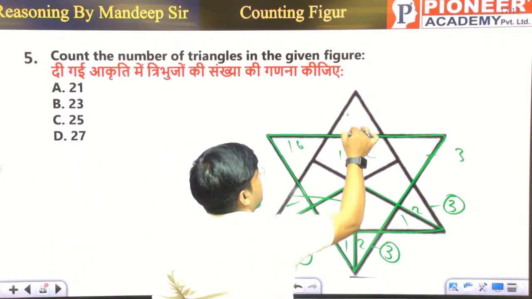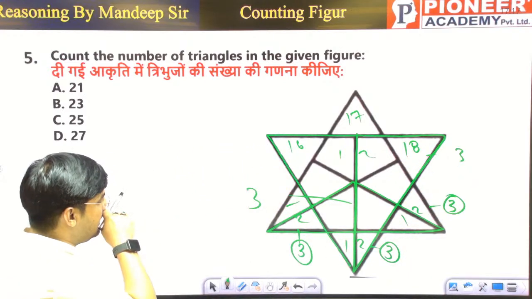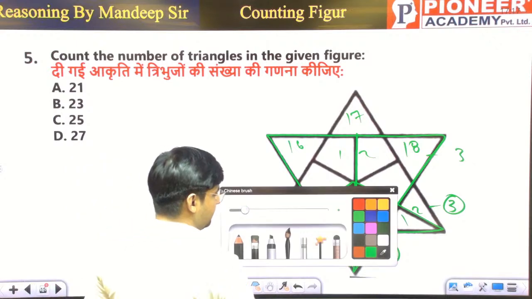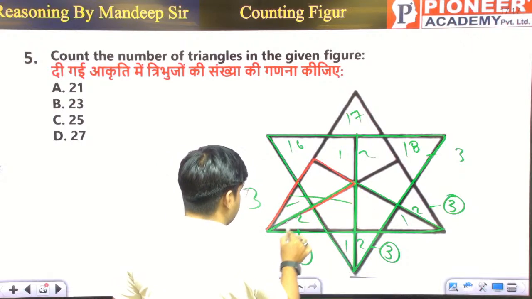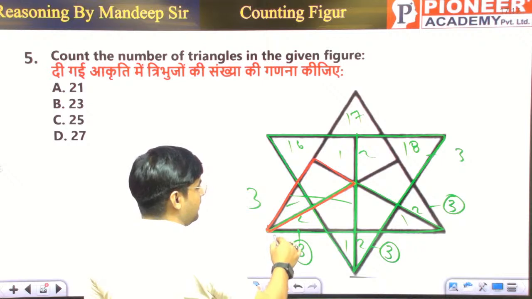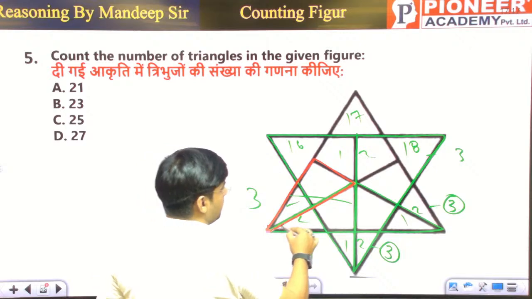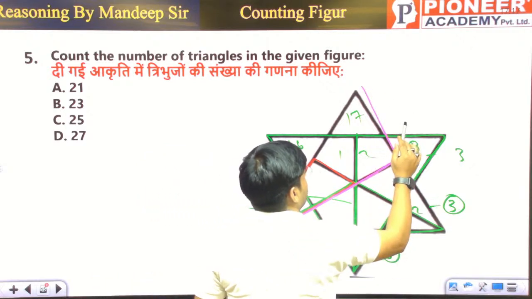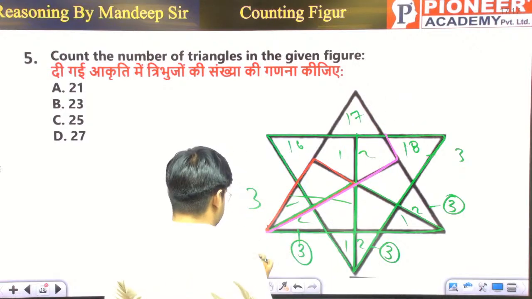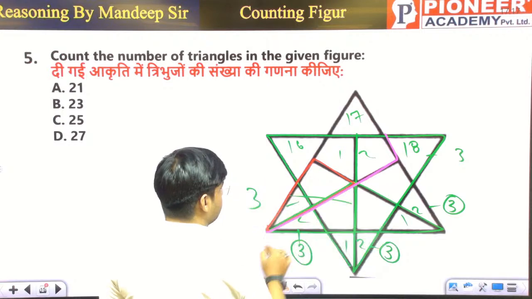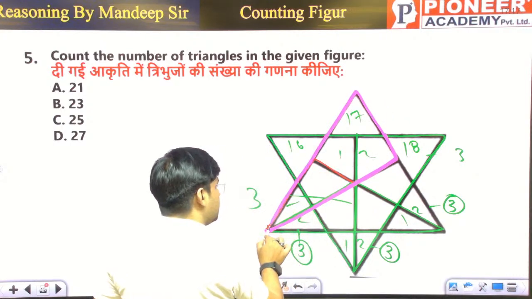15, 16, 17, 18. We got 18 triangles. And then 19 and 20.